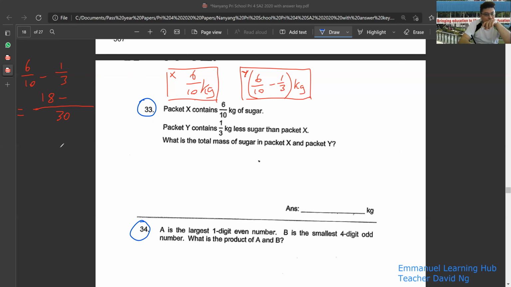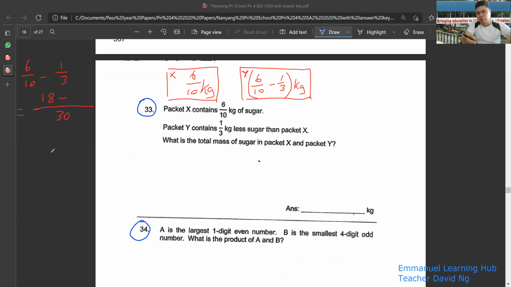Can you tell me what I did to my 3 for my 3 to become 30? You add a 0 behind, right? Adding a 0 behind means you multiply by how many? Multiply by 10.